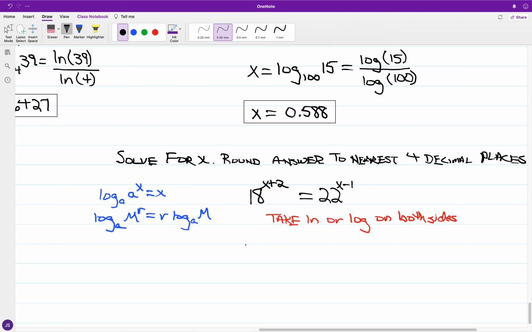So for what we're going to have here, we'll go with log on this one, but it could be ln. So you have log of 18 to the x plus 2 is equal to log of 22 to the x minus 1.